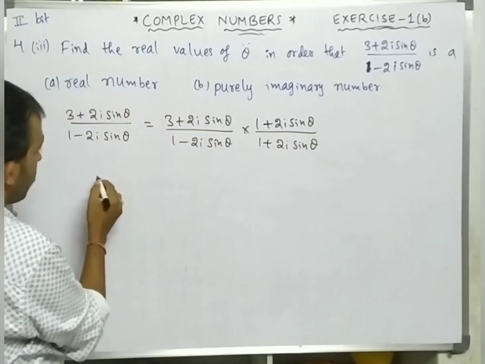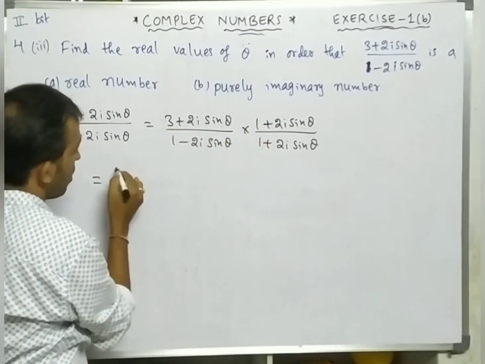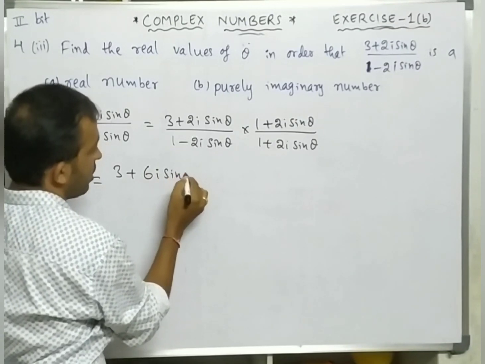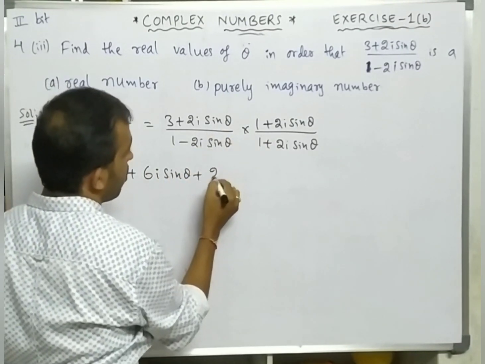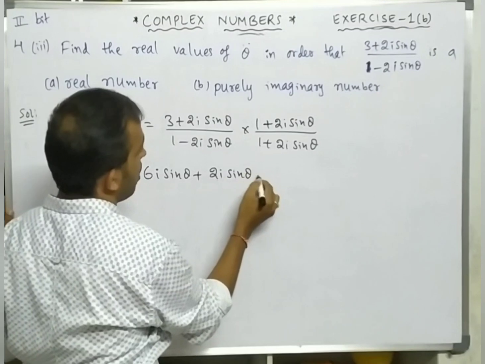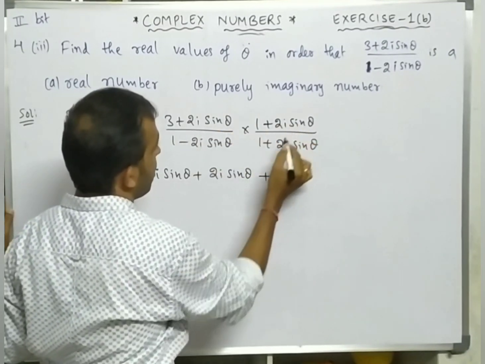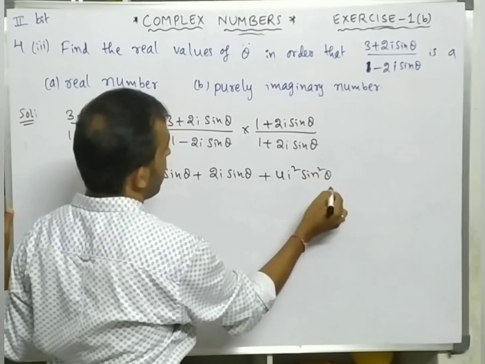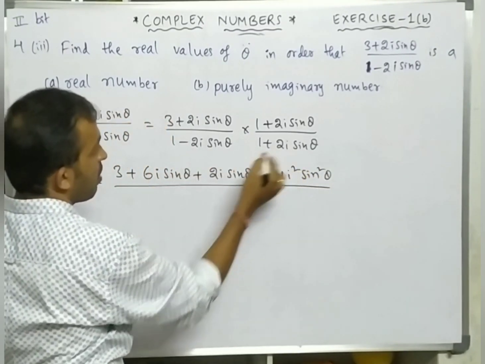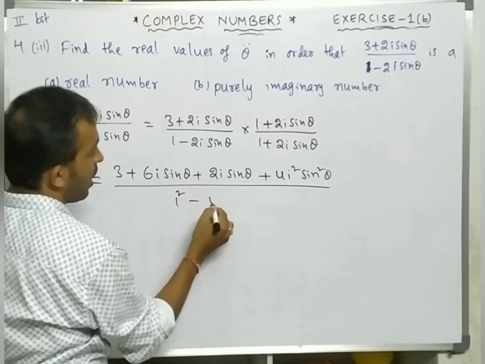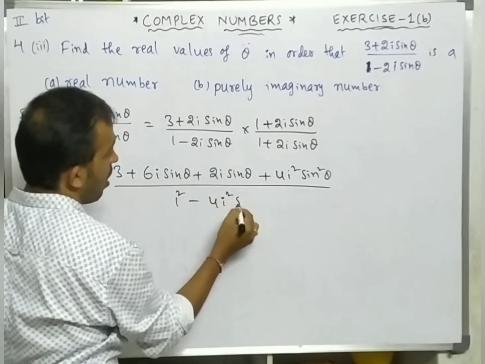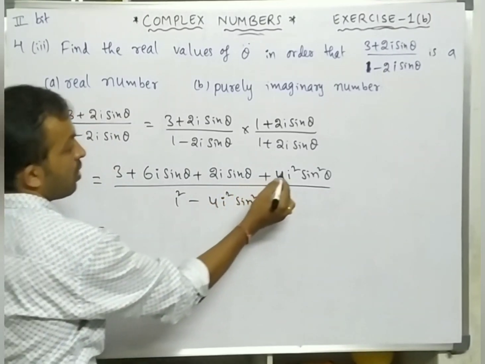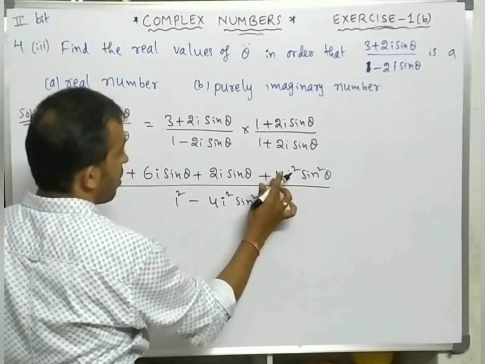Now the numerator becomes 3 into 1, 3, plus 2i sin θ into 3, 6i sin θ, plus 2i sin θ into 1, 2i sin θ, plus 2i sin θ into 2i sin θ, 4i² sin²θ. The denominator is (a + b)(a - b) = a² - b², 4i² sin²θ. Now i² becomes -1.